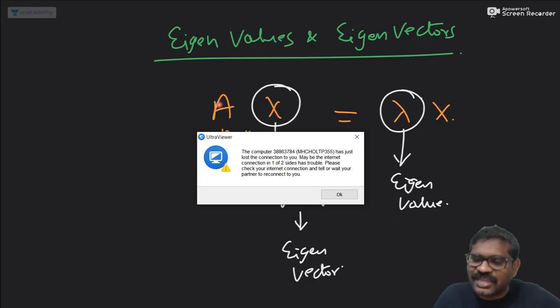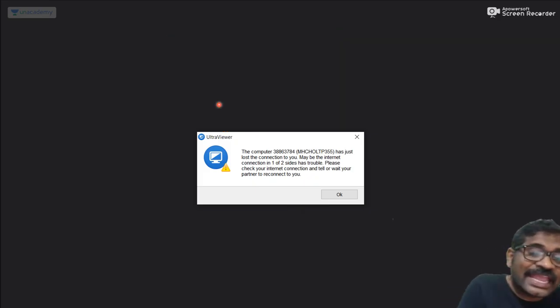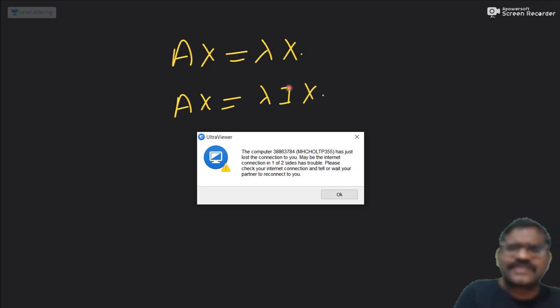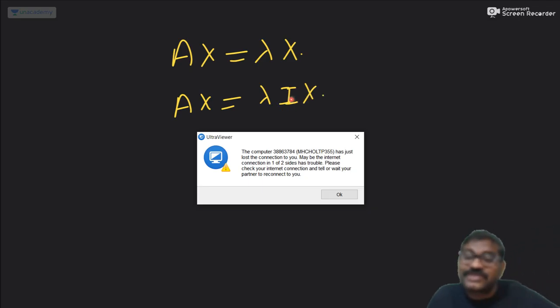The logic is Ax equal to lambda x means Ax equal to lambda Ix, right? Because x multiplied with the identity matrix gives itself, right? So Ax equal to lambda x is nothing but Ax equal to lambda Ix.